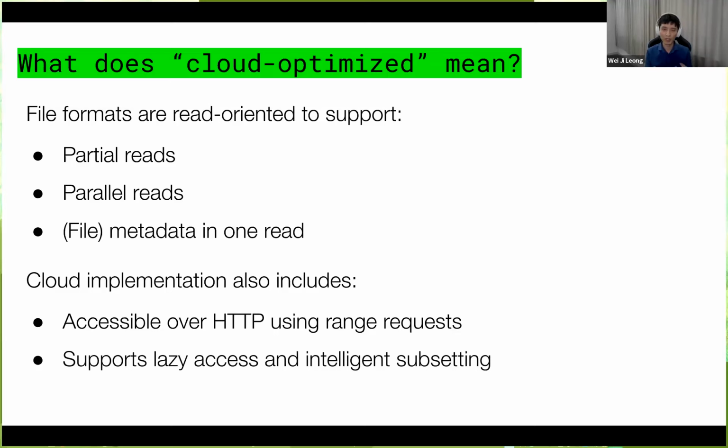So there's a lazy element of not loading everything into memory first. And you can also do intelligent subsetting. For the spatial world, that usually means spatial subsetting: just reading the locations of the file that you need, for example over a city or a town rather than a whole country.